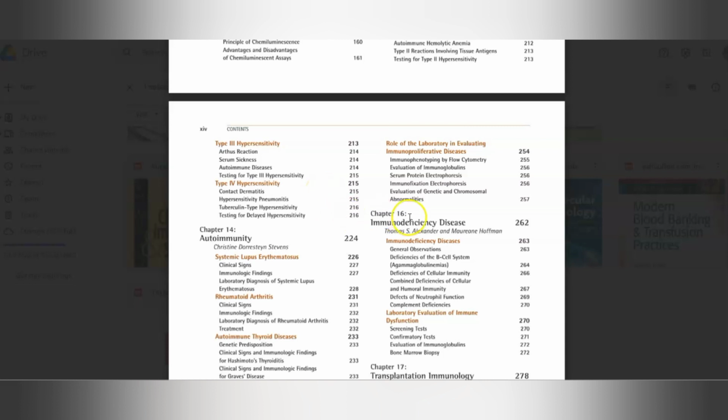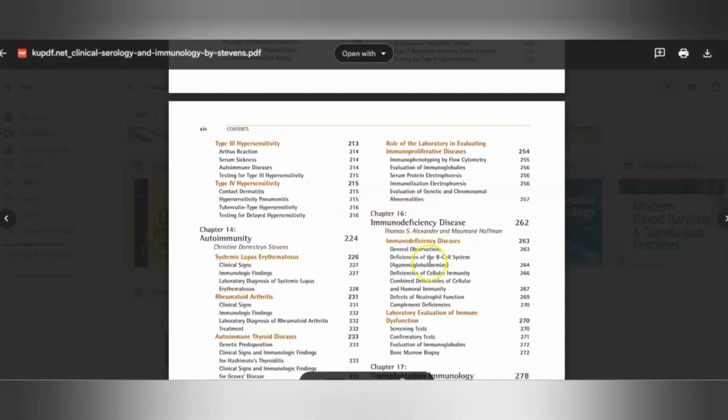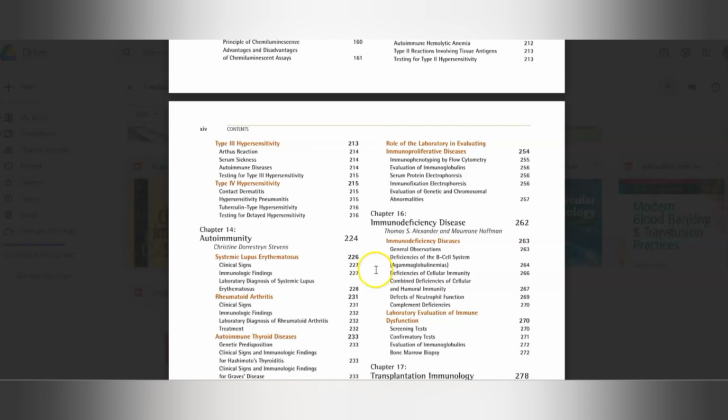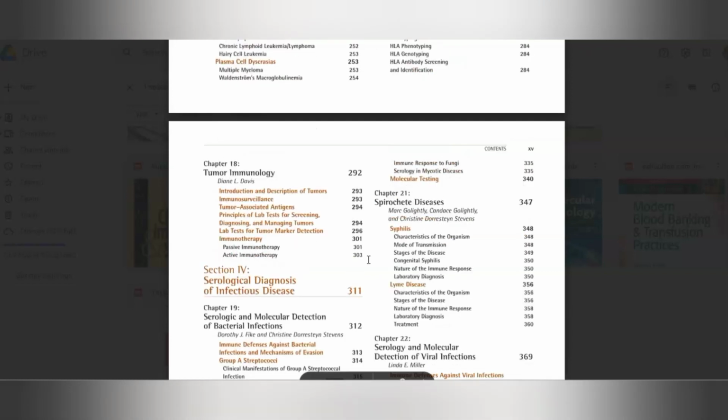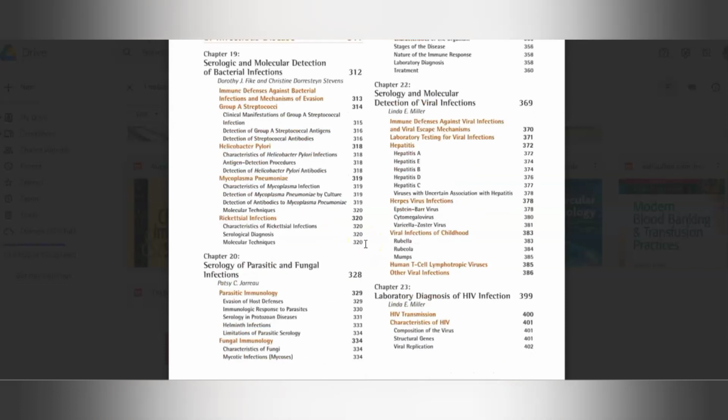Yes, we have immunodeficiency diseases such as HIV, thyroid autoimmunity diseases, diabetes mellitus, all autoimmunity diseases that you know of. It also explains serological diseases such as hepatitis B. I did a review of hepatitis B, the antigens and antibodies and the importance of each.